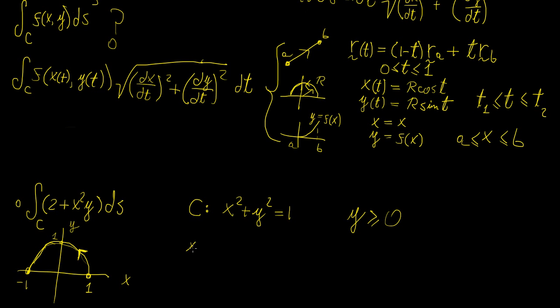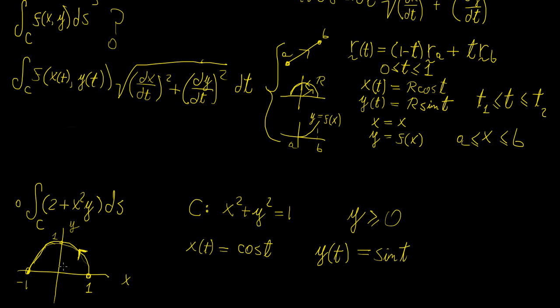So let's say we write x as a function of t. So t is just a parameter. In this case, the parameter is just the angle. The radius is constant, it's just 1. And then we're going to have cosine of t. And similarly, we're going to have y as a function of t. So this is going to be sine t.